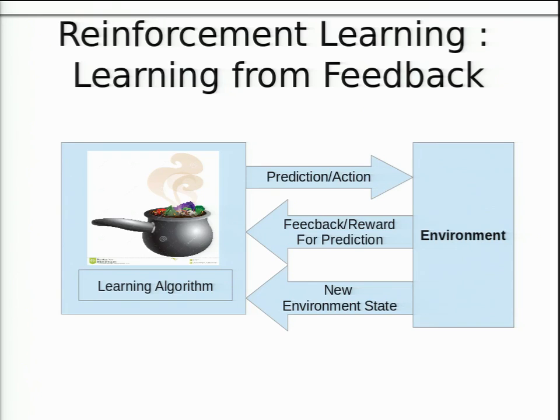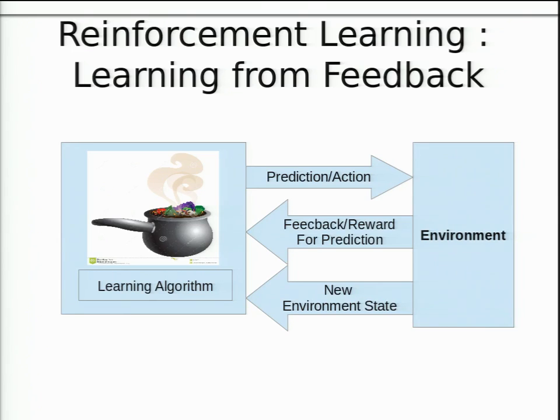Similarly, the same thing is happening here. The learning algorithm is the dog and the environment is everything else. So the environment is me, who's training the dog. I throw the ball and give a new state to the learning algorithm. The dog, on seeing this, does some action, which either goes to the ball or does not go to the ball.